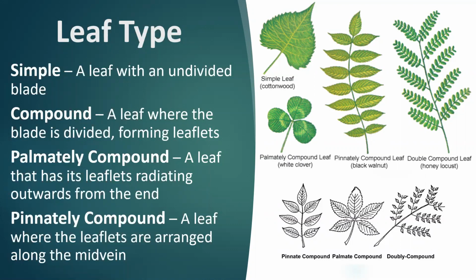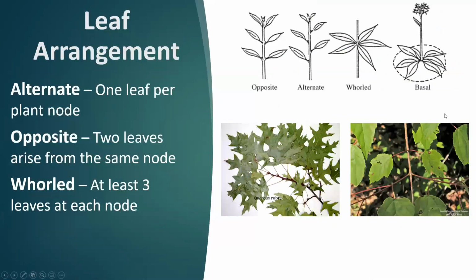But now that we've got some of this basic terminology, I want to move on to leaf arrangement. So not only is the leaf type important, but also how that individual leaf is arranged on the stem is crucial. And so we're going to cover the more basic classifications of leaf arrangement. The first, and arguably the most common that you're going to see, is alternate.